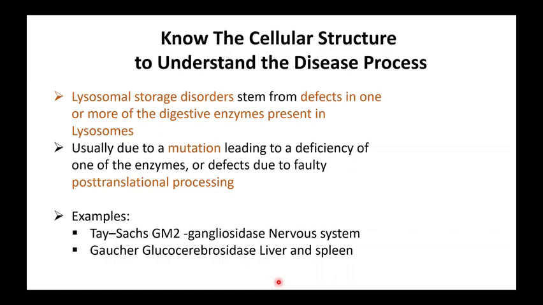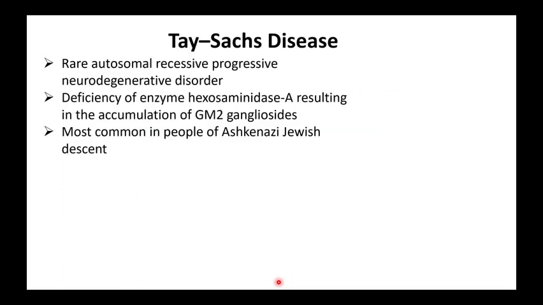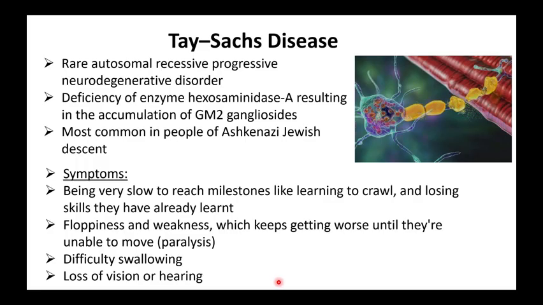Tay-Sachs disease is an autosomal recessive neurodegenerative disorder. This is due to enzyme deficiency. When this enzyme is deficient, gangliosides start accumulating in the cells which are wrapping around the axonal processes.